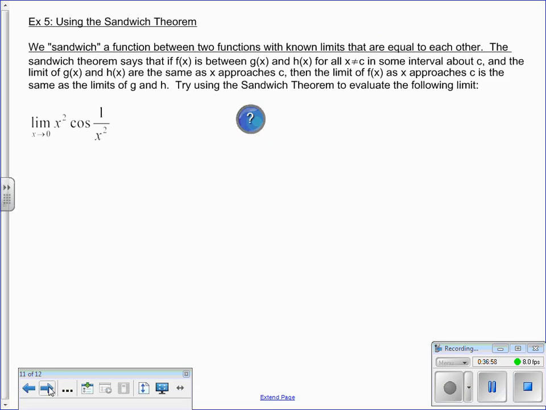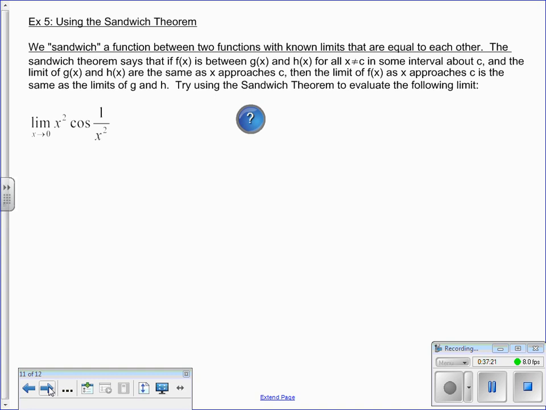Okay, one more, and then the sandwich theorem. Now, I will be honest with you.